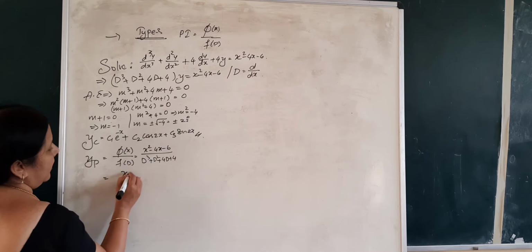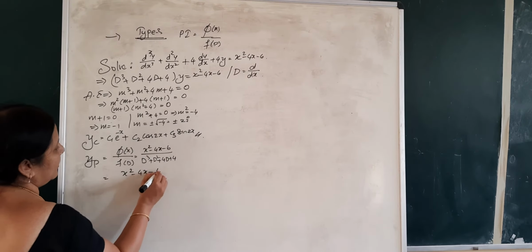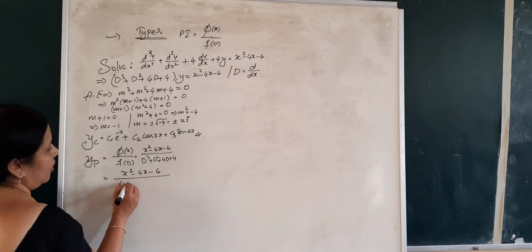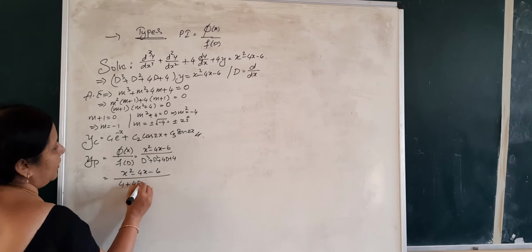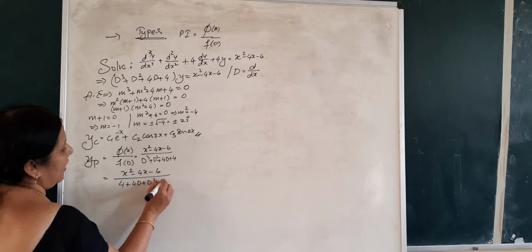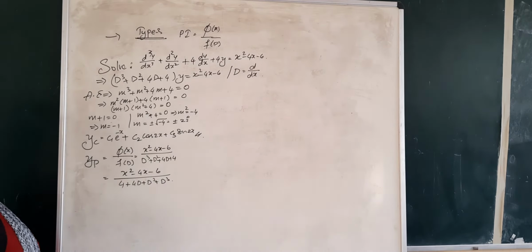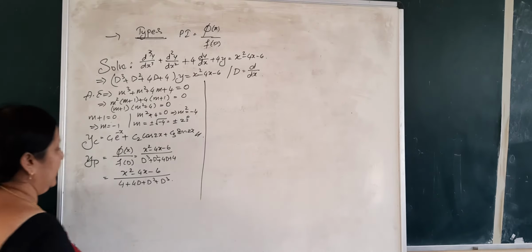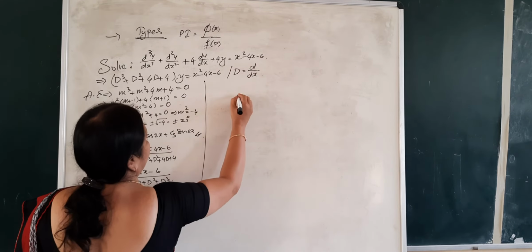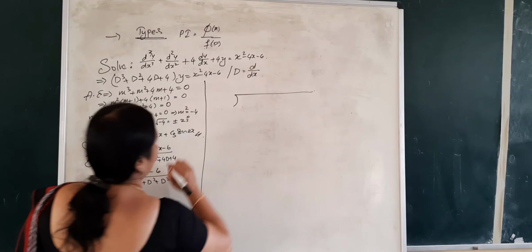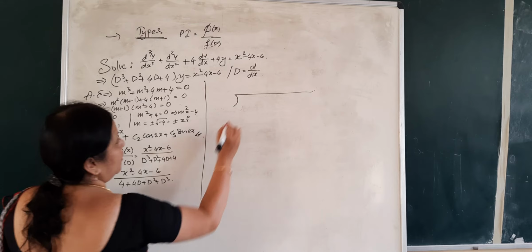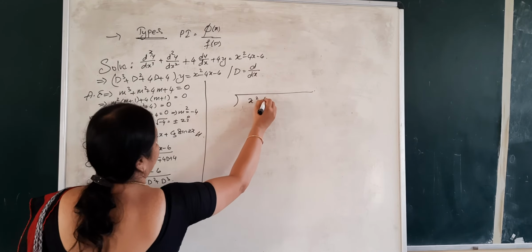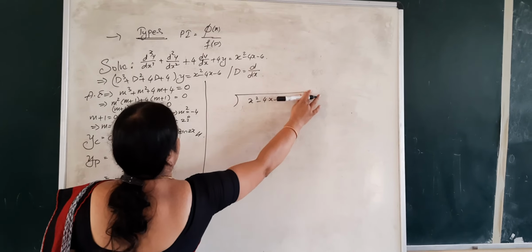So we write it as x square minus 4x minus 6 whole divided by the constant term first, the first derivative second, and then the highest derivative. Okay, so this is what we have. Let us see how we get the long division in this case. Okay, so x square minus 4x minus 6.